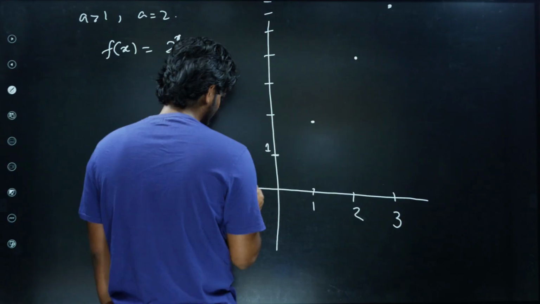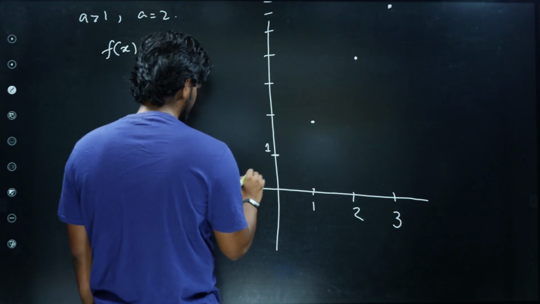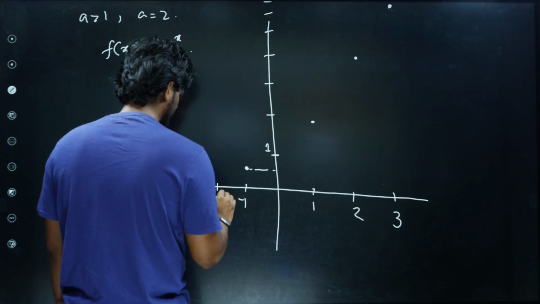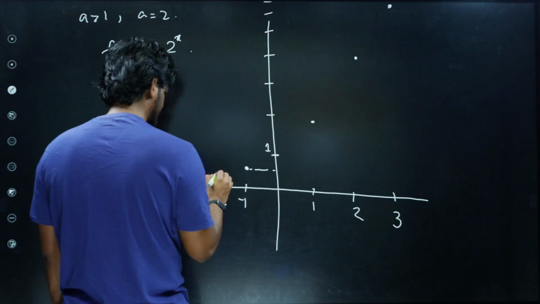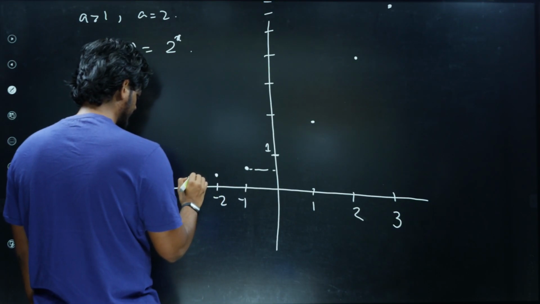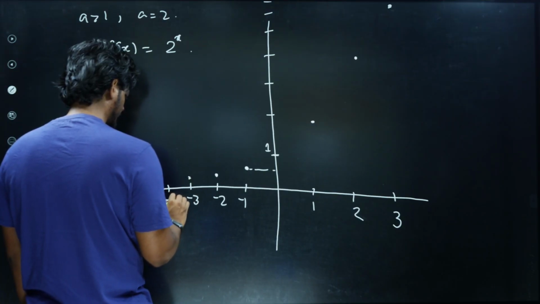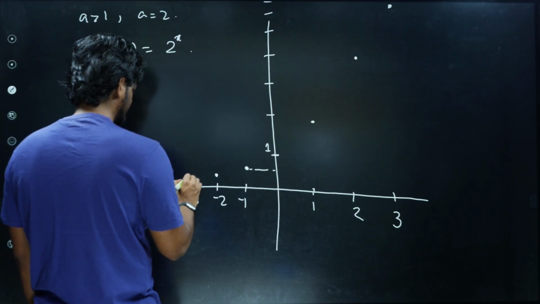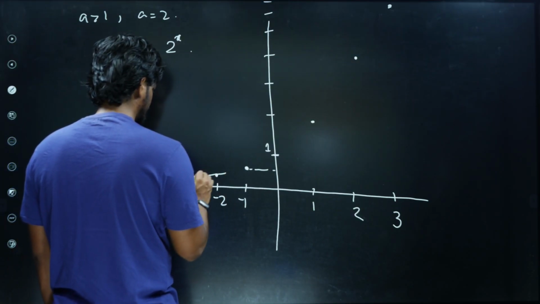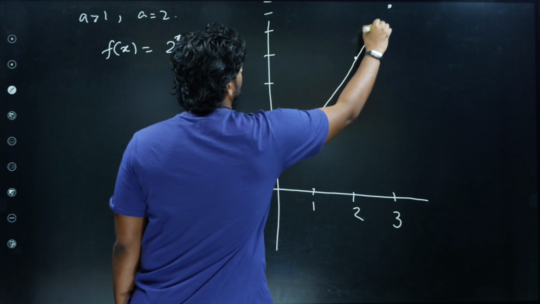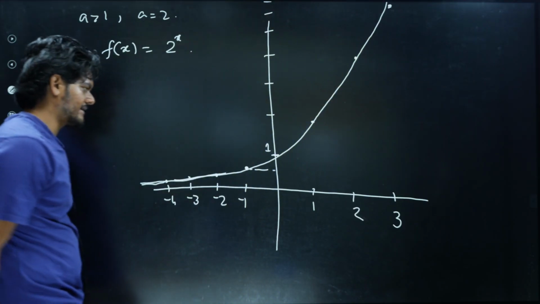Okay. And what about minus 1? Minus 1, it will be half. Minus 2, it will be even half of that. Minus 3, it will be half of that. Minus 4, it will be half of that. So it's going to tend to 0. So if I connect these dots in a smooth, curvy manner, it will go like that, right?